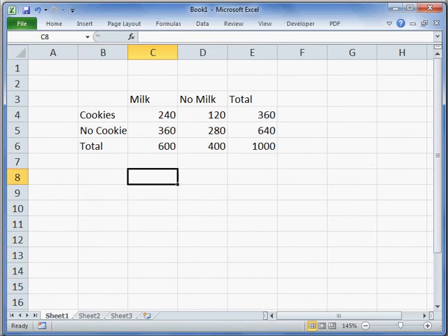Well, that is going to be expressed as the probability of milk assuming cookies. So we write it, and it is going to be equal to 240, because that's the number out of the 360 that actually purchased cookies. We have 240 people buying both milk and cookies, and 360 people buying cookies.